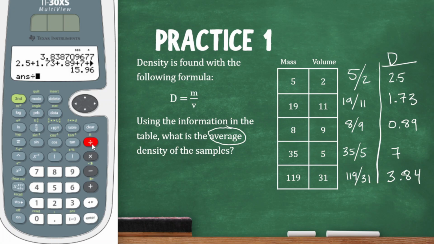Okay, now I'll divide by 5 because there were 5 numbers. And my average density is 3.2 if we're rounding to the tenths place.